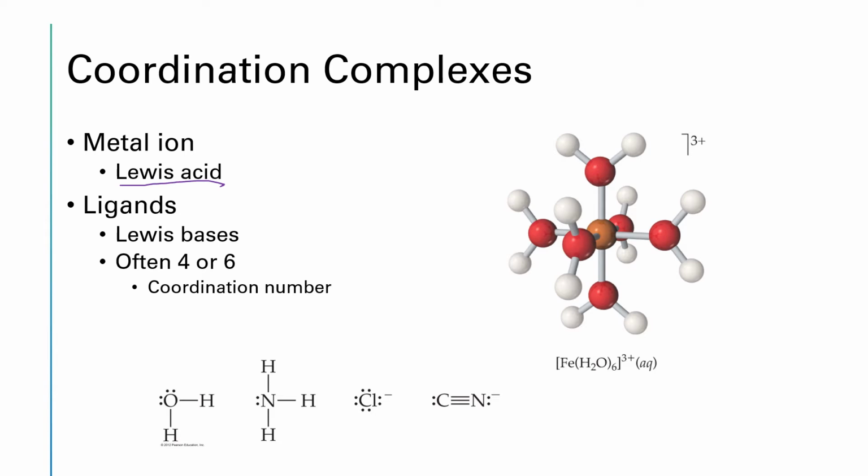So a ligand is the substance that will be donating that electron pair, so it'll be some sort of a Lewis base. And the ligands often surround that central atom. Often it'll be either 4 ligands or 6 ligands. The number of ligands that attach is referred to as the coordination number.